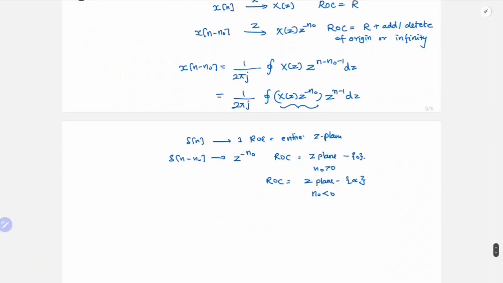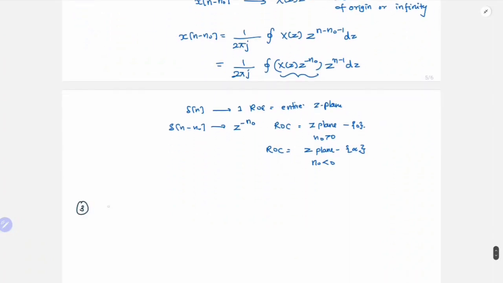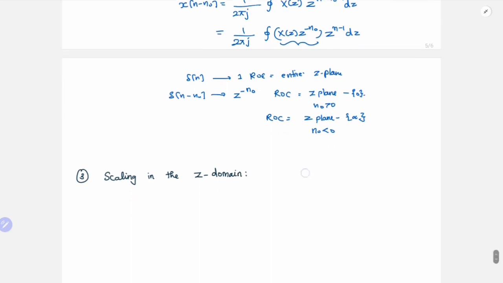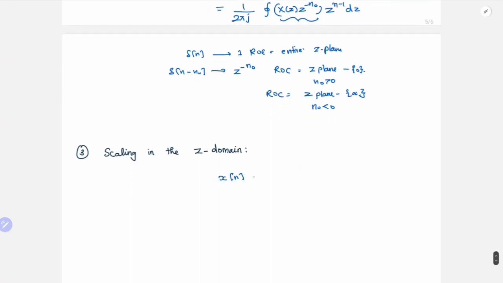So your next property will be scaling in the z domain. If you have x of n giving a z transform of x of z with ROC equal to R, then I scale x of z by z naught. So if I scale this, my ROC also will change depending on the z naught.